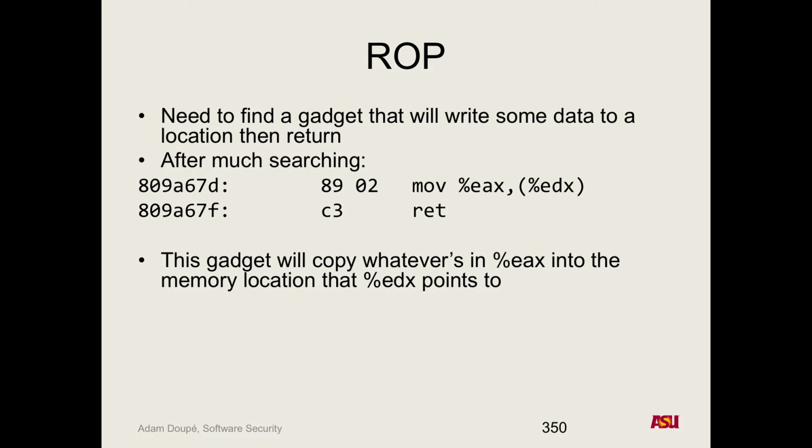Then we do it again and set up EAX with //sh, and EDX has the next 4 bytes, so .data plus 4, and it will write //sh, then we'll need to write a 0. But we can use this as functionally a write something somewhere.